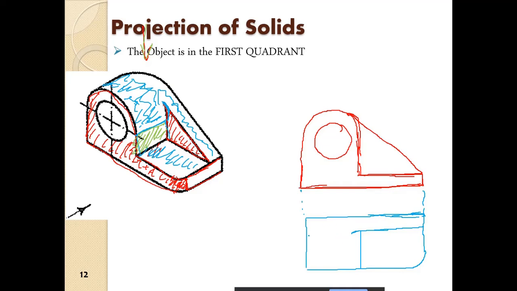And here I will not observe any edges, because there isn't any. It is a circular surface, so I will not observe edges over there. Only this edge I will observe, and you can see it is a little bit going into the circular surface. So this is the top view, and this is the circular edge of this part over here.